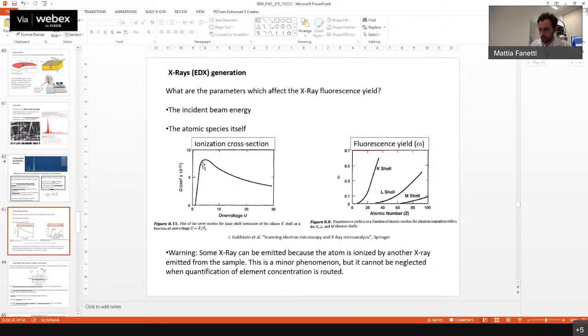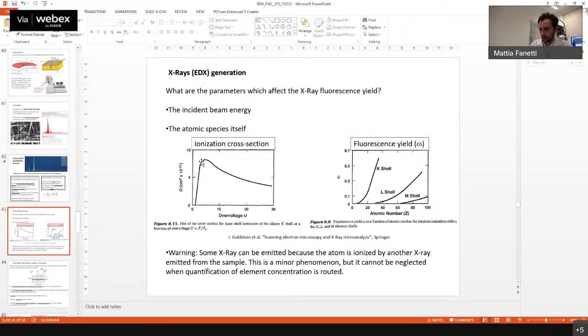And as you can see, this is the overvoltage, the ratio between the incident beam energy and the energy of the core level. Of course, if you have an incident beam below the ionization edge, you have zero probability.